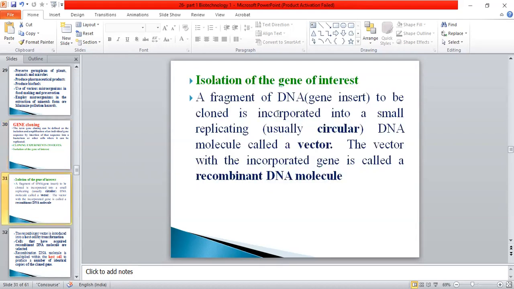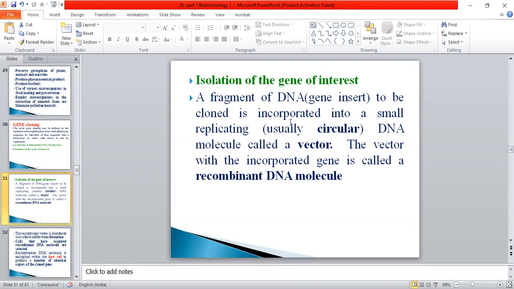Once again, I remind you. The gene of interest is isolated, and the fragment of DNA, the gene to be cloned, is incorporated into a small replicating DNA molecule called a vector.